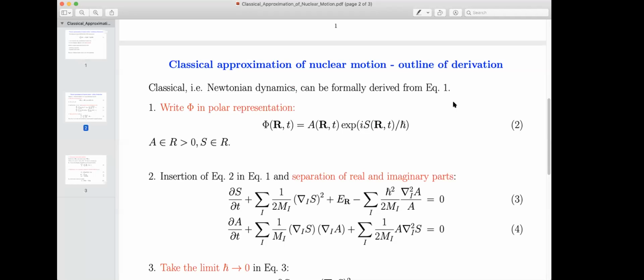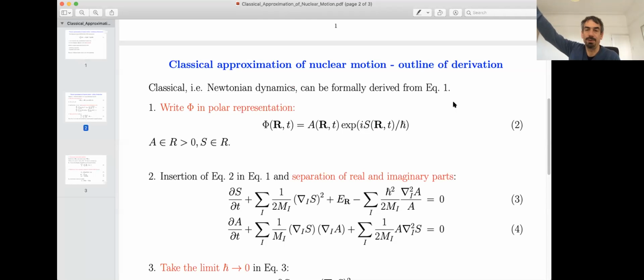When we start from the very first principles, we consider the electrons and the nuclei, and we write the wave function for the electrons and the nuclei, and they contain all the coordinates. Then we make this product ansatz where we say the total wave function, electrons and nuclei, we write as a product of an electronic wave function and the nuclear wave function. That's what we do at the beginning.